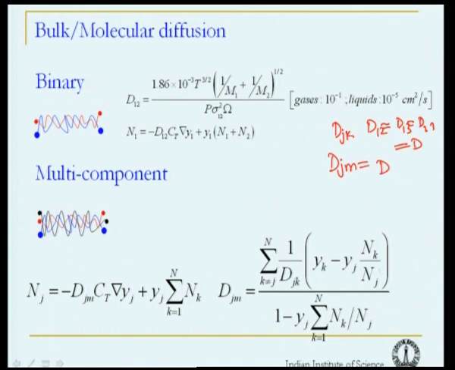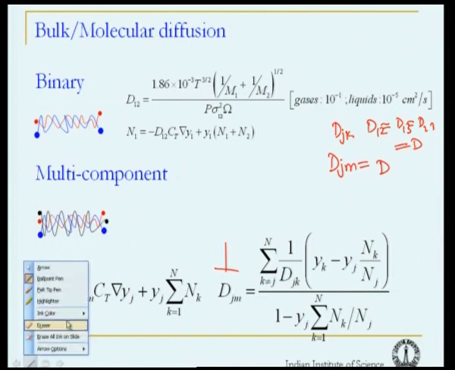If you put all D values as more or less equal, this comes out and 1 over DJM becomes simply 1 over D. Okay. So, that is one simplification.